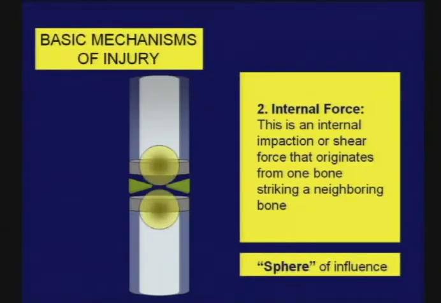The sphere of influence of an internal force is in fact centered within the end of the bone. So here within the cartilage, the subchondral bone plate, or the subjacent bone, we will see the effects of an internal force. Classically, those effects are seen on both sides of the joint, but certainly there are exceptions where we see them only on one side.